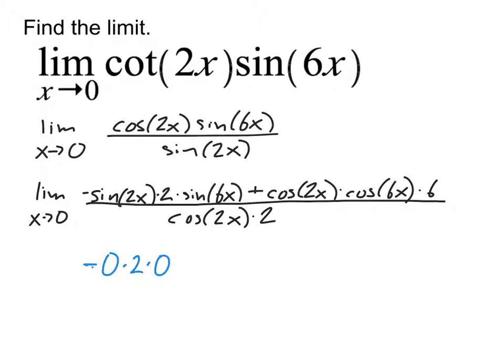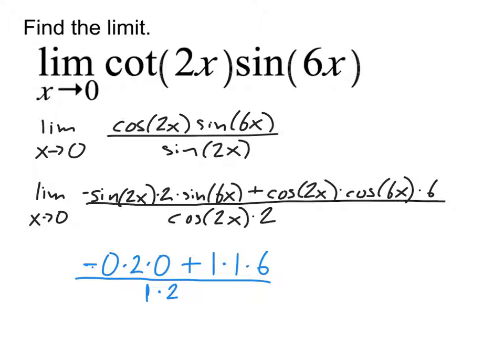plus, now we do cosine of 2 times 0. Well, 2 times 0, of course, is 0, and cosine of 0 is 1, times cosine of another 0, which is still 1, times 6. And then this is all over cosine of 0, which is 1, times 2.